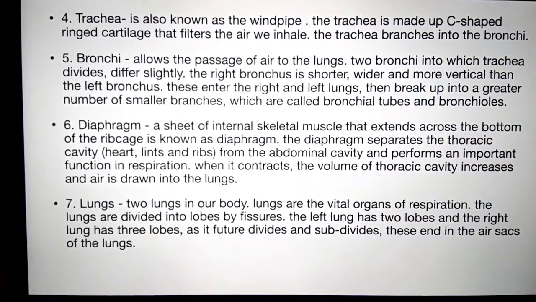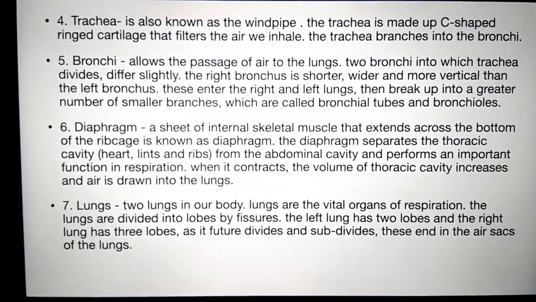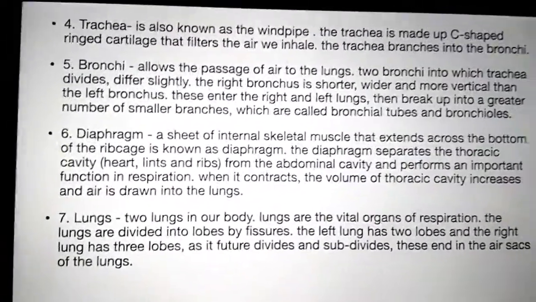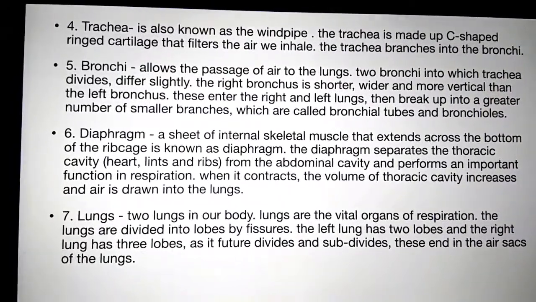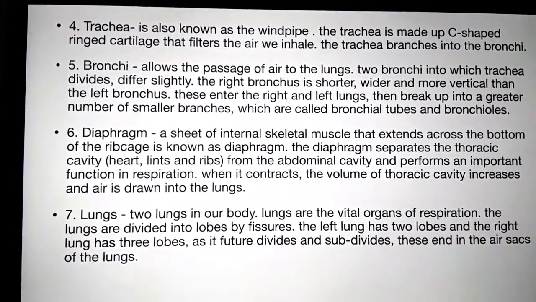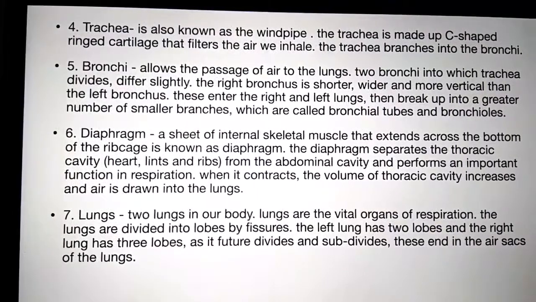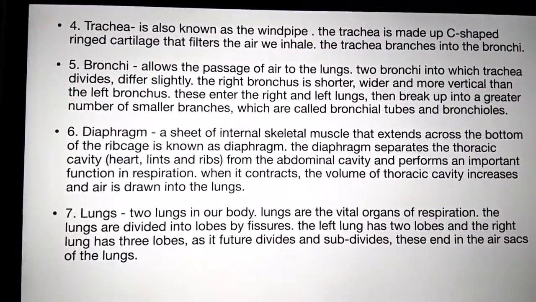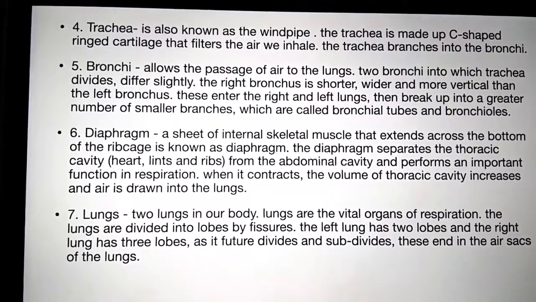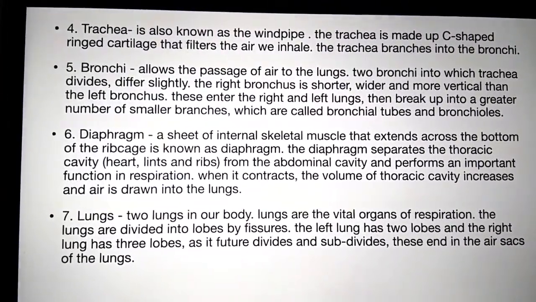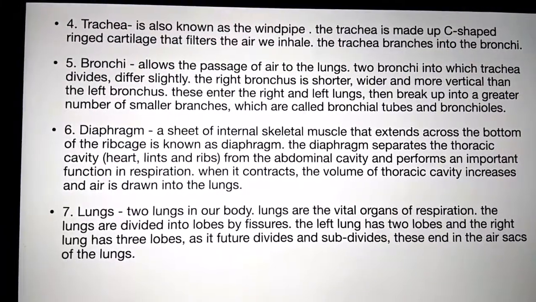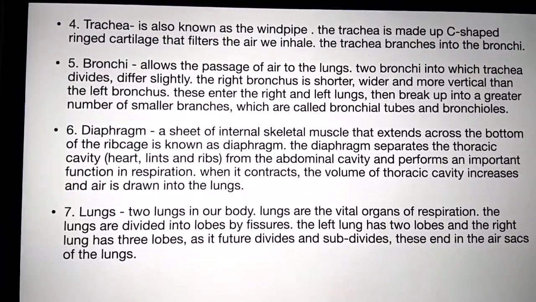The diaphragm separates the thoracic cavity, containing heart, lungs and ribs, from the abdominal cavity and performs an important function in respiration. When it contracts, the volume of the thoracic cavity increases and air is drawn into the lungs.